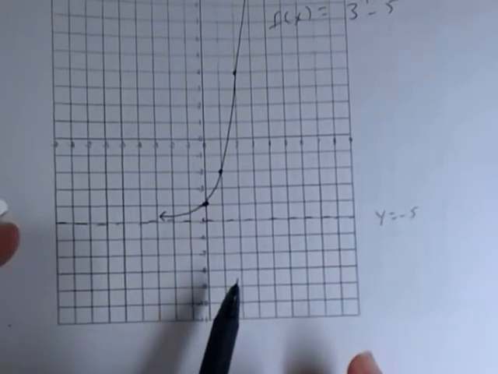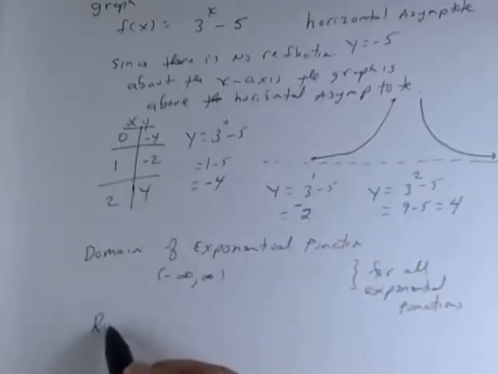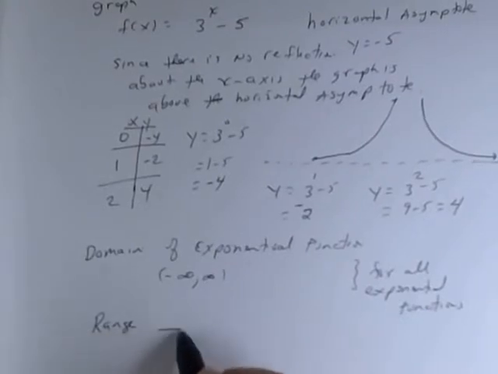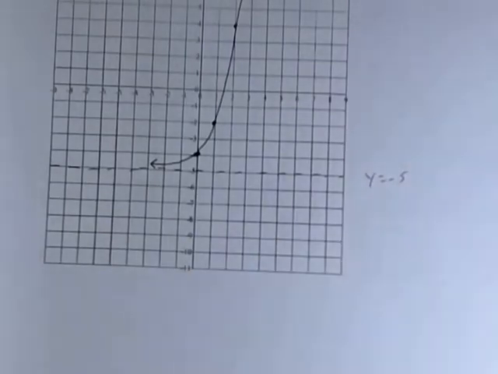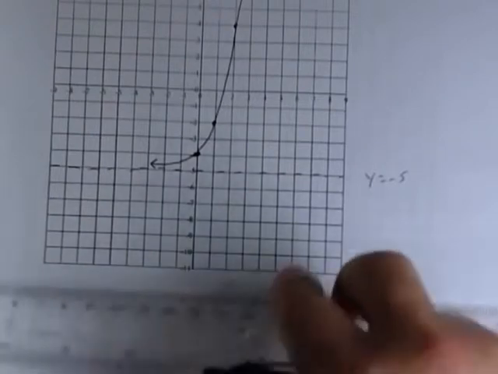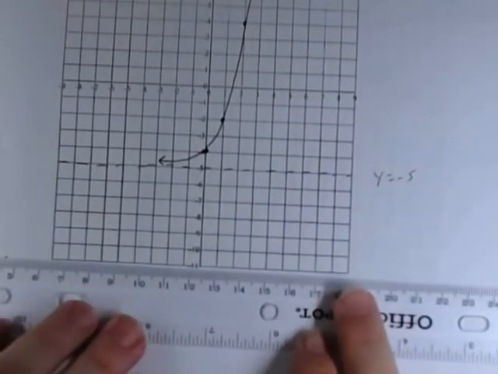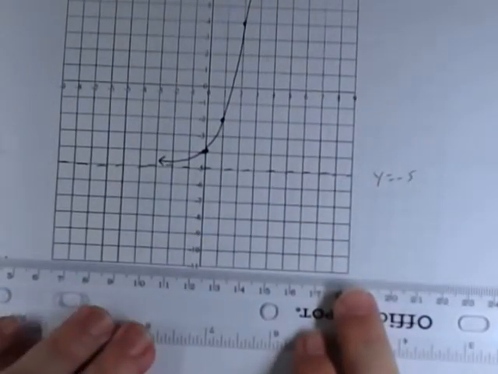All right, so let's find the range of this one. Okay, so let's talk about the range. You go from the negative y-axis to the positive y-axis, correct?